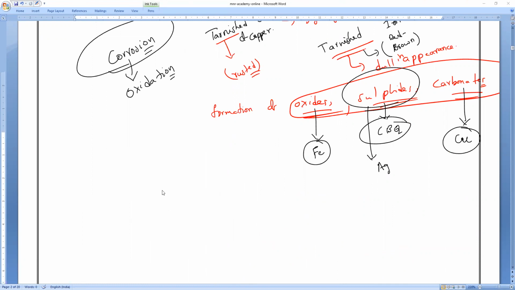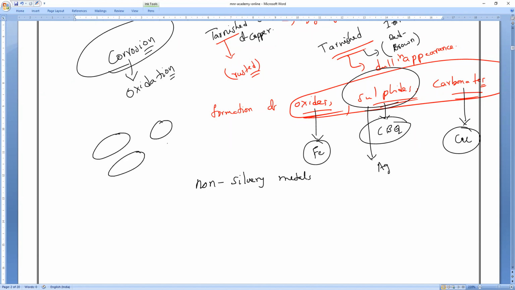But there are non-silvery metals. There are 2 non-silvery metals. Can anybody guess which do not have that shining appearance, the same color and brightness? Copper. Yes. Those are called non-silvery metals. Any other than these 2 you can take, mercury, silver, or any other, they all appear silvery.